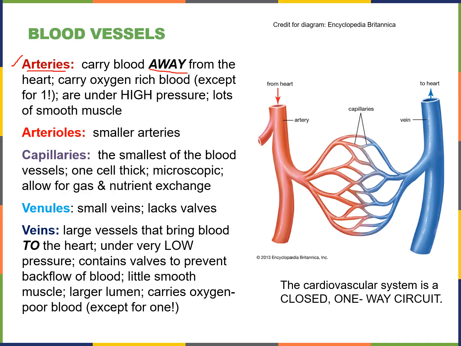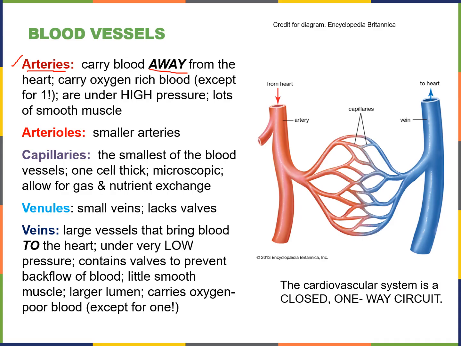And when blood has lots of carbon dioxide in it, it's usually very low in oxygen. That blood appears darker red. It isn't blue, but it might appear blue beneath our skin.